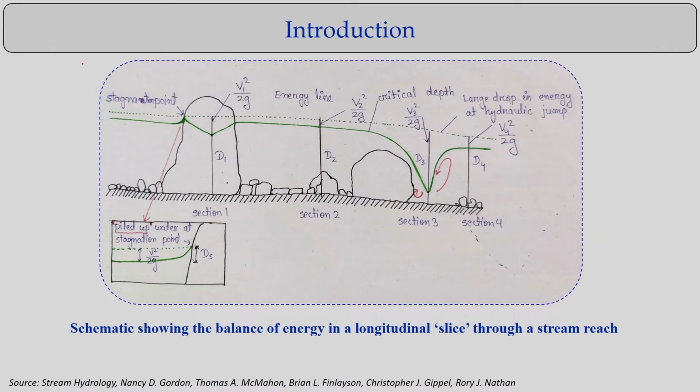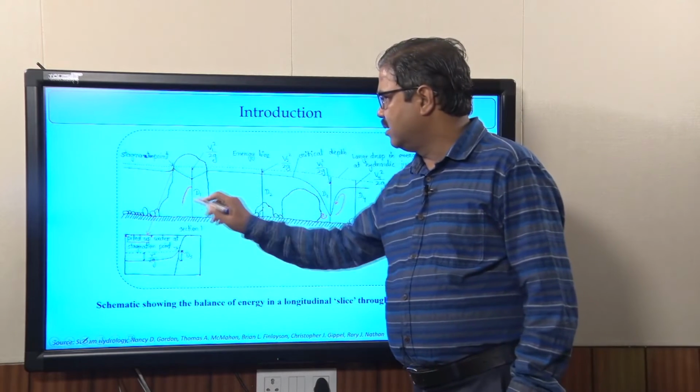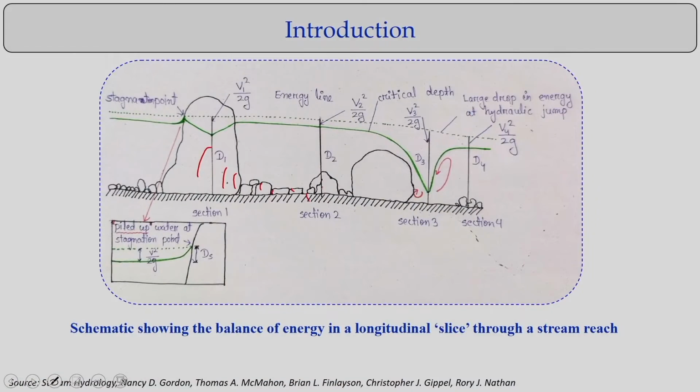If you look at hilly rivers, you have stones or boulders positioned like this. In that case, as we discussed, there will be stagnation points, there will be the critical depth, and there will be hydraulic jump formations.